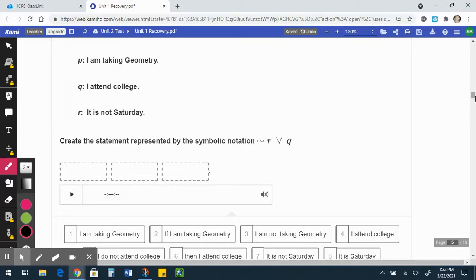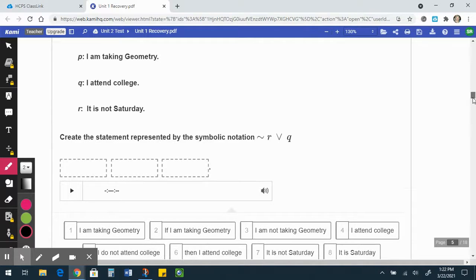Create the statement represented by the symbolic notation squiggle R, V, Q. All right, so y'all, that squiggle really means negated R. So we need to go find the R phrase and we need to negate it. Right, so if it already has a not in there and we negate it, that means take the not out. So this first box would be, it is Saturday.